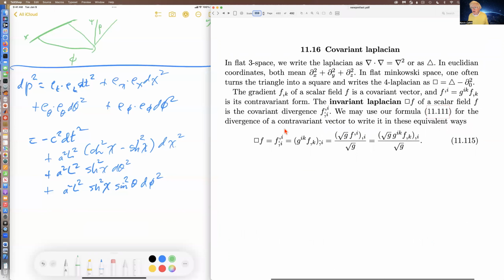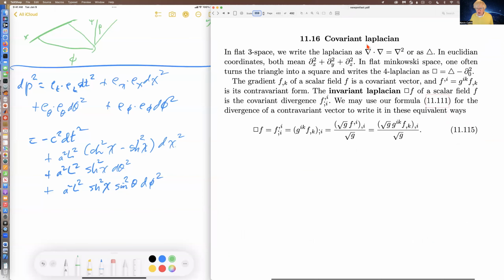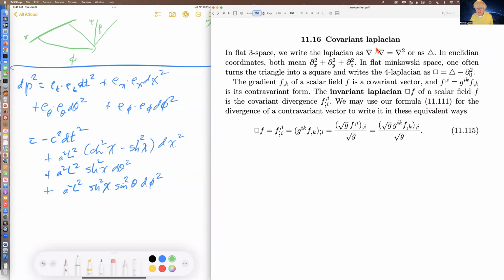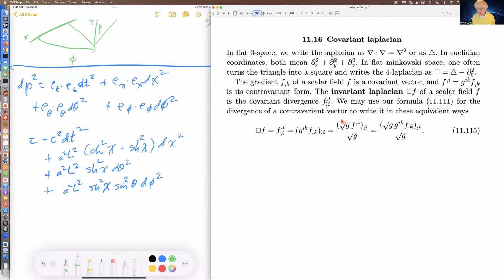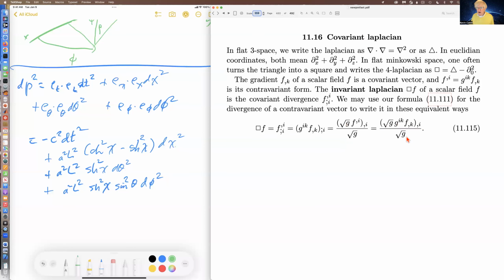I guess I'll go through the covariant Laplacian. That again uses this nice expression for the covariant divergence, where we can write it as the ith derivative of the square root of g, and we raise the derivative index and divide by the square root of g.